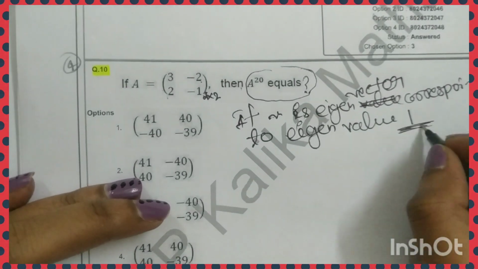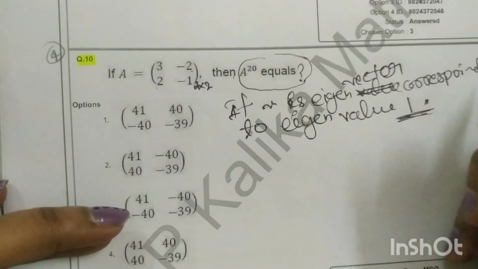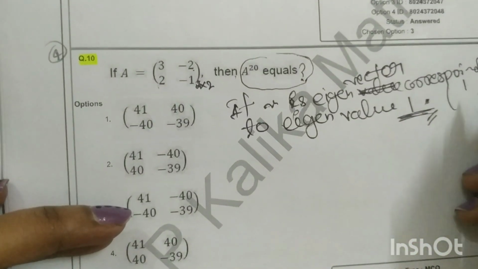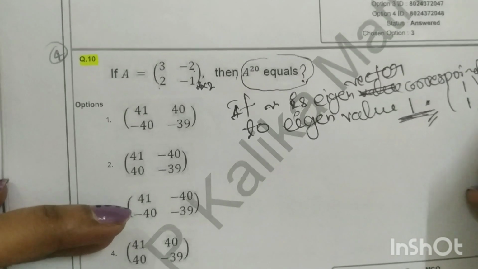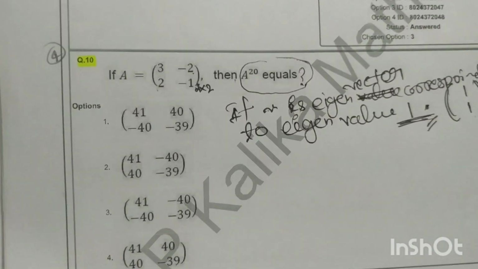Why am I saying the eigenvalue is 1, why I said it very quickly? We know the corresponding eigenvector, what will come here, 1 2. Here v, what will come, 1 1. So here the eigenvector corresponding to eigenvalue 1 will be 1 1.